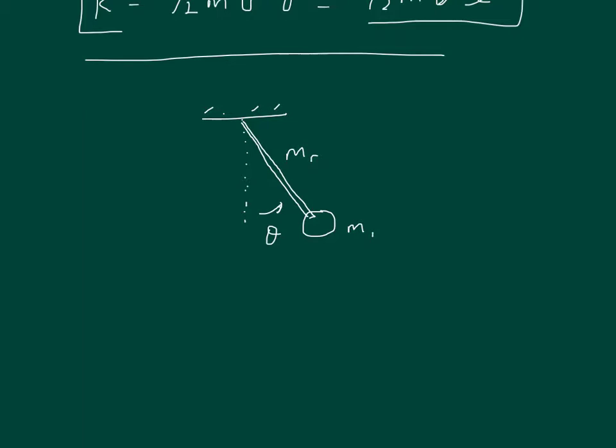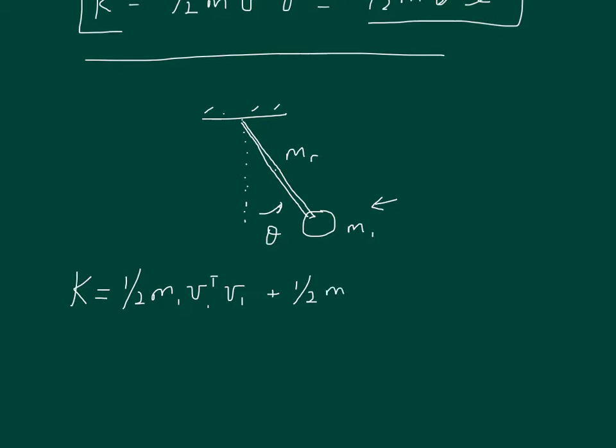Okay, so now in this particular case, we have two objects with mass, and one of those objects, namely the rod, is going to be rotating about the center of mass. So the kinetic energy in this particular case is going to be 1/2 m1 v1 transpose v1. So that's the kinetic energy of the point mass, just like we did before. And now we're going to have the kinetic energy due to the translational motion of the rod.